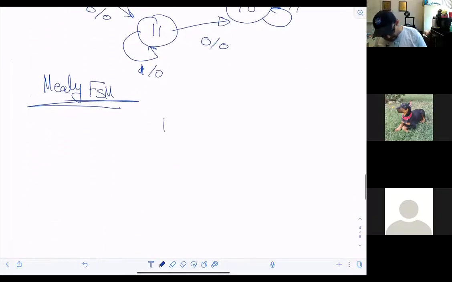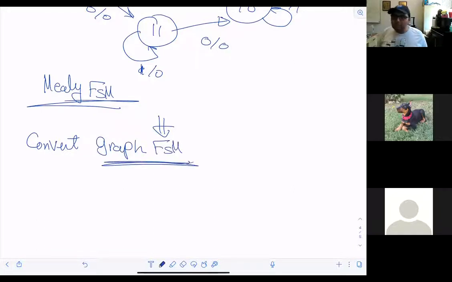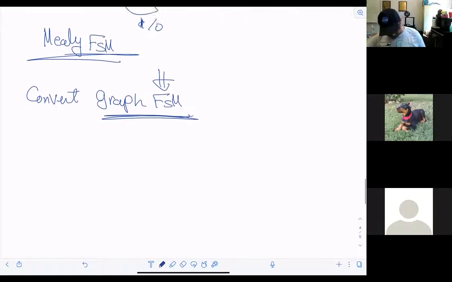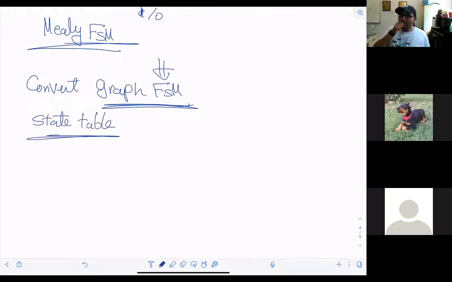The second step I'm going to do in front of you is to convert the graph representation of the finite state machine to a state table. A state table can be anything you can imagine in your life.